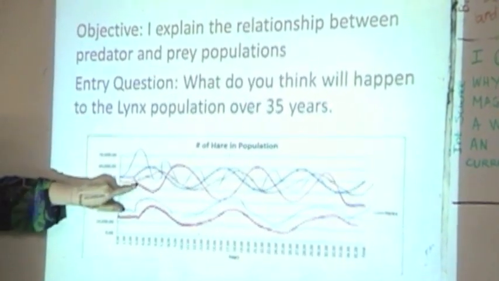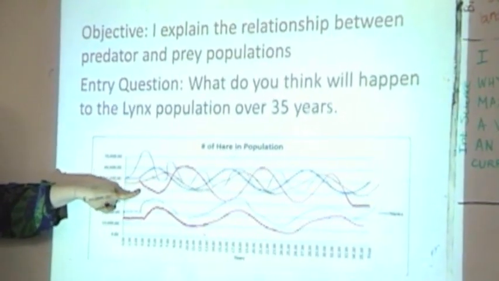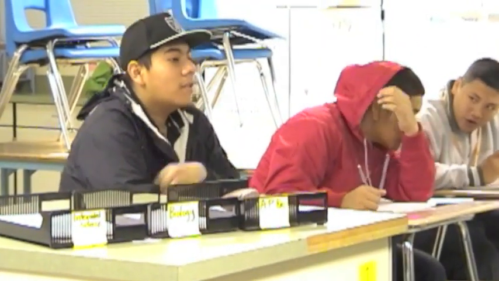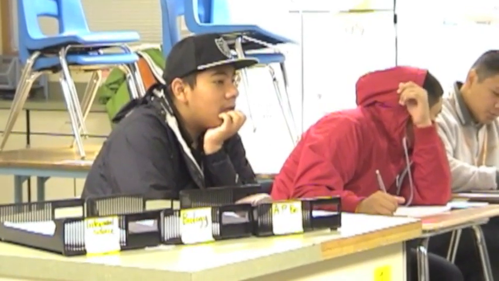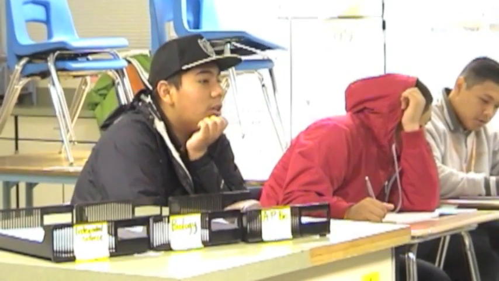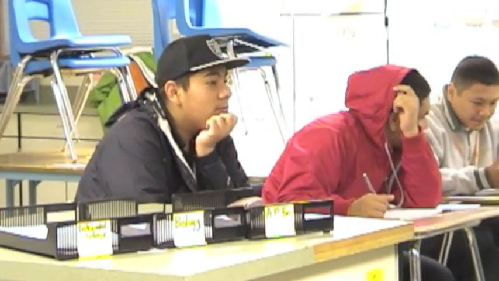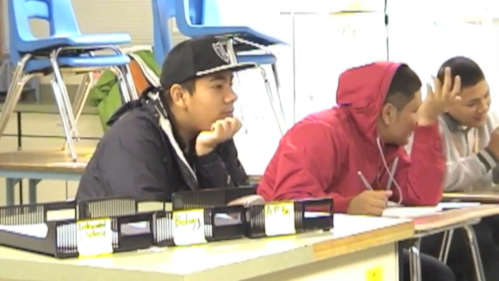Okay, this red line right here. Who did this one? I said there's less lynx population because if there's too much, the hare population would just go way down. So I said it's around 30,000, and when the hare population goes up, so does the lynx. Kind of like what Kelly and Paul said. But yours is slightly different because the way you drew it, it wasn't matched up perfectly.